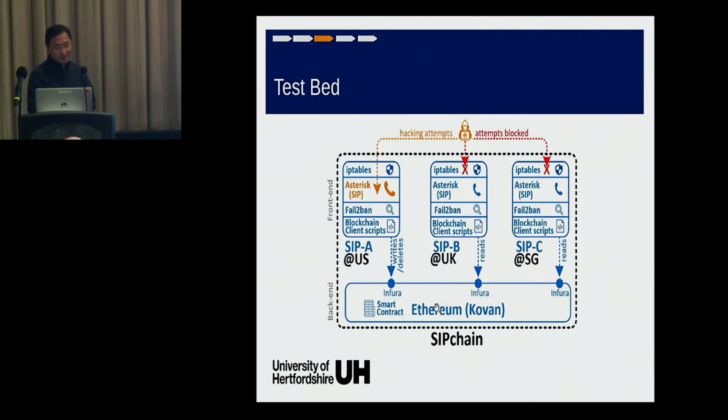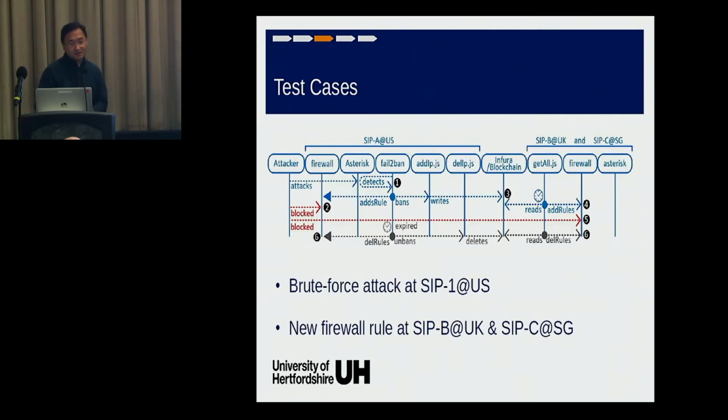And then I use the Ethereum Kovan, the development network. Okay, so this is the flow diagram. This is the attacker. First, it will hit the Asterisk, trying to probe with a wrong username and password. Fail2ban needs to be able to detect this in the Asterisk log file.